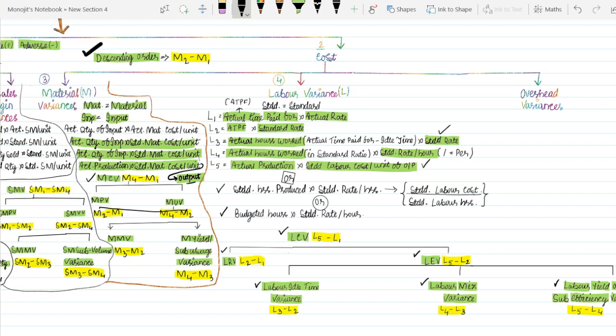To find the standard rate per hour, you have to compute standard labor cost divided by standard labor hours, or budgeted hours into standard rate per hour.